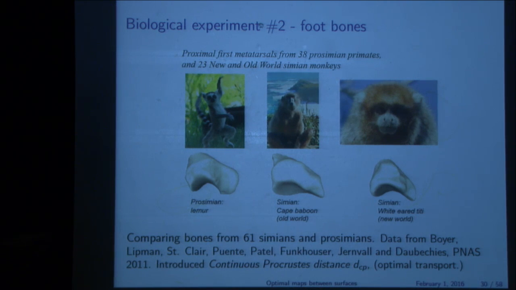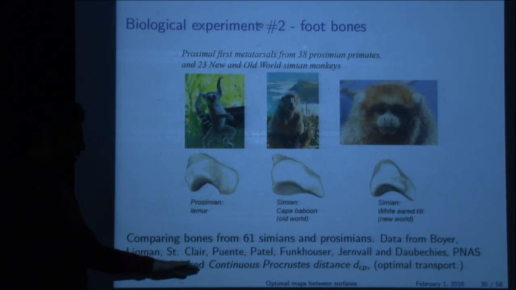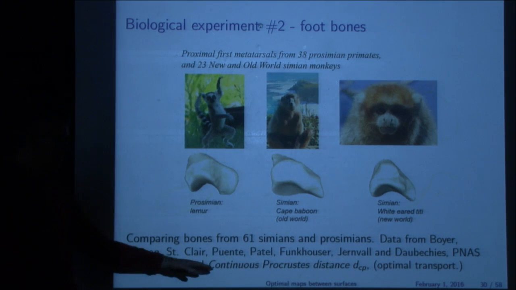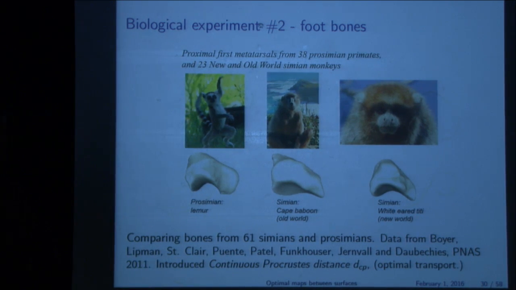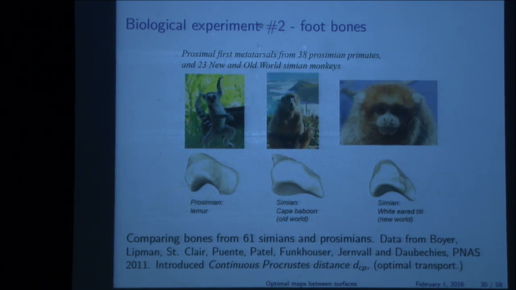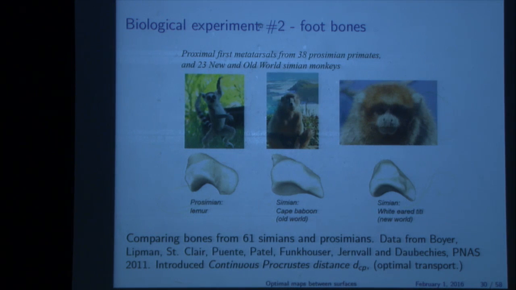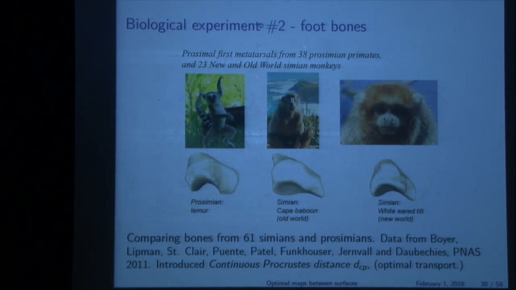They actually did something similar in spirit, except instead of this symmetric distortion distance that we use, they used what they call the continuous Procrustes distance, which is a metric on shapes based on the Earth mover's metric, the Wasserstein metric, optimal transport metric. And I'll show you how the two methods compare.